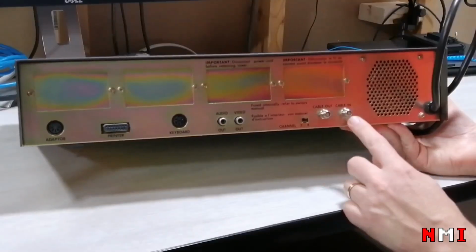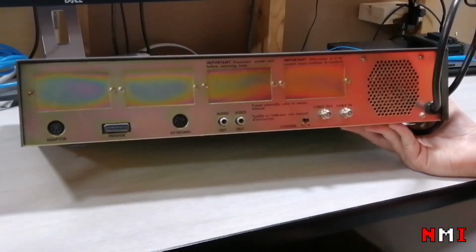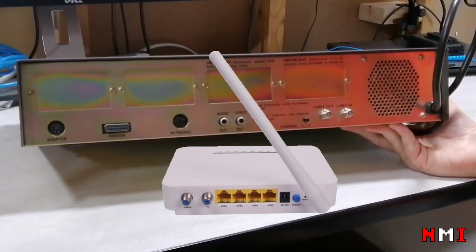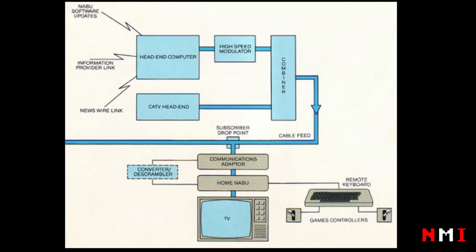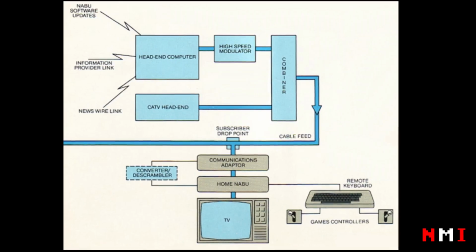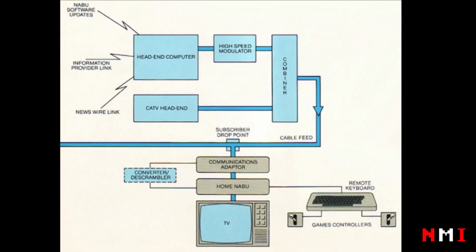But let's go back to the coaxial connectors. That is extremely unusual, right? Personal computers in the 80s did not have this kind of connection. That is commonly found on cable modems. So why are they there? Well, that is exactly because the NABU PC was designed to also work in a way that resembles the modern cable modems.